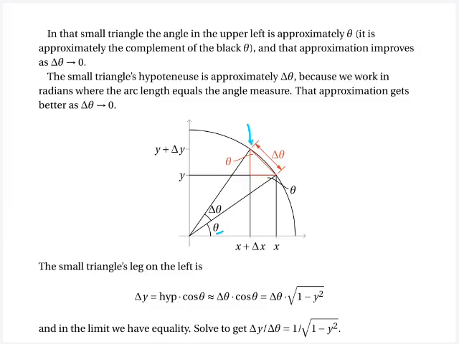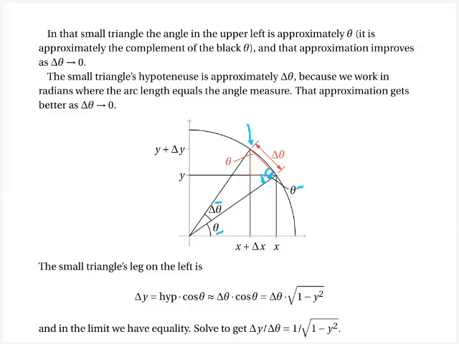This is an alternate interior angle right here. That one's certainly theta. And that angle and this angle here are very close to being complementary. This delta theta is small, so that's very close to being a 90-degree angle there.